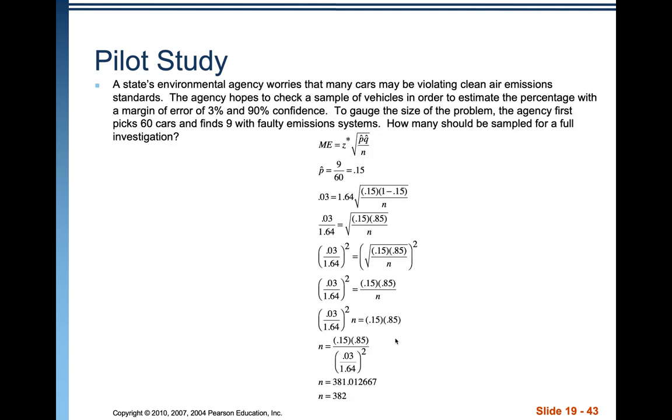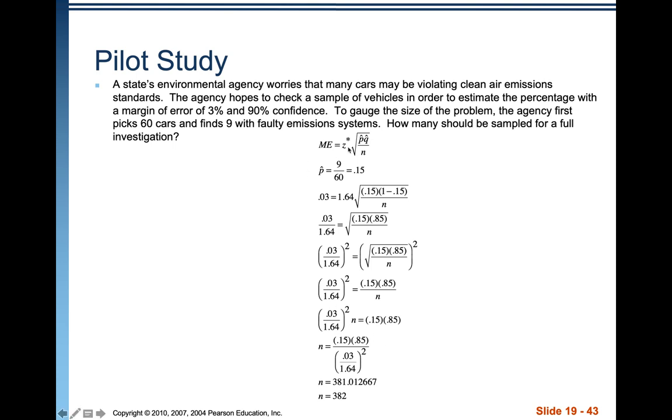Okay, because they did the pilot study, we have an estimate of what p hat is. If they had not done the pilot study, we would have used 0.5 for p hat. But they did the pilot study, and so we have a rough estimate of 9 out of 60, so 0.15. So we're going to use our margin of error formula.